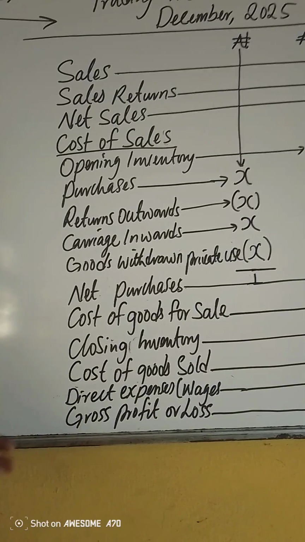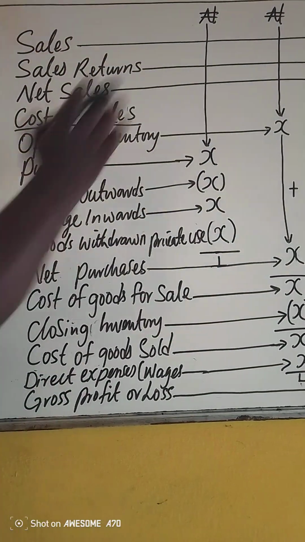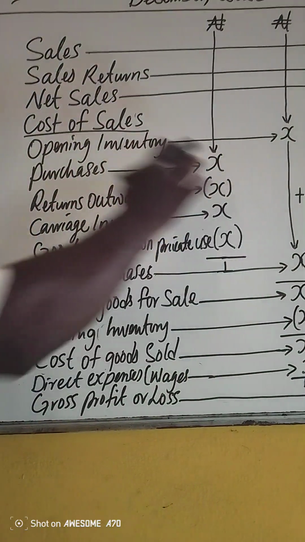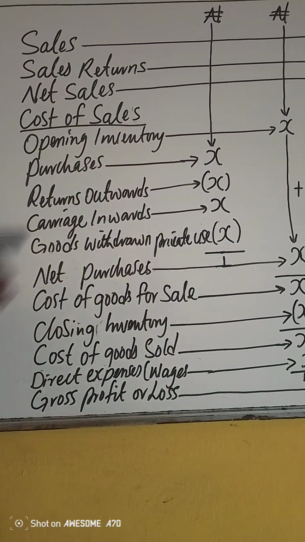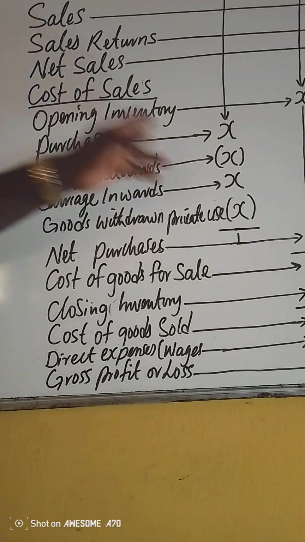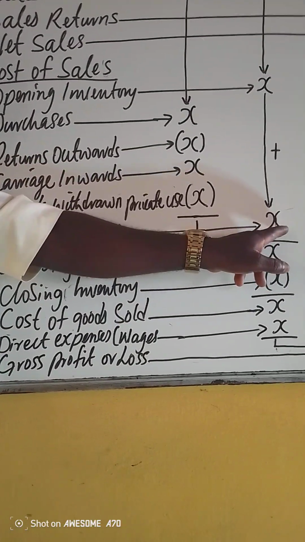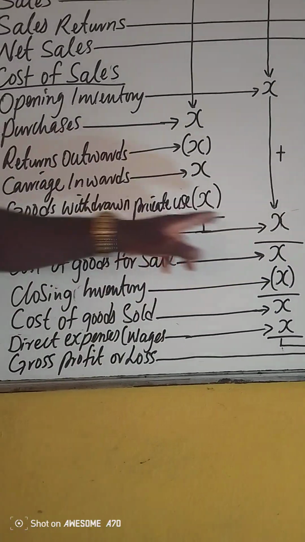So by way of adjusting, you are minusing return outward from purchases. You are adding carriage inward on purchases. You're also deducting goods withdrawn for personal use from purchases available to be able to get the final value of purchases. And you are right to call this figure net purchases.